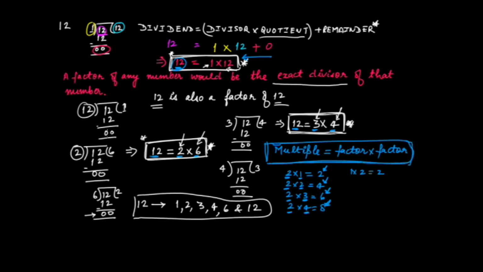So this is what we know about factors and multiples, and let me take one more example so that it gets completely clear to you. Like let us take 10. Now what would be the first factor?